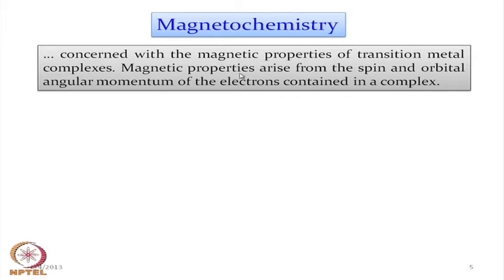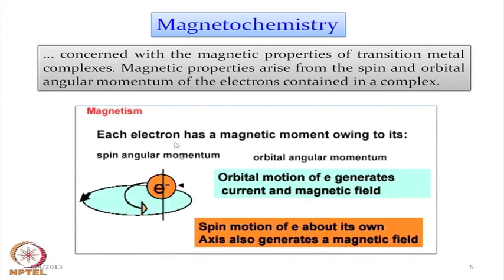And these properties arise from the spin and orbital angular momentum, because we have the spinning motion of the electrons as well as their orbital motion within the orbit, and those motions can give rise to the corresponding moment, which can be found out in terms of its magnetic moment.